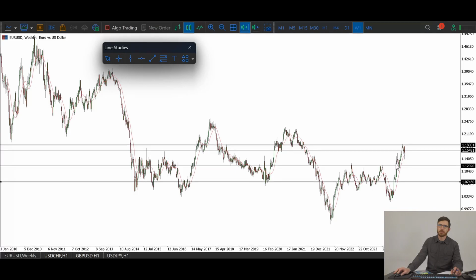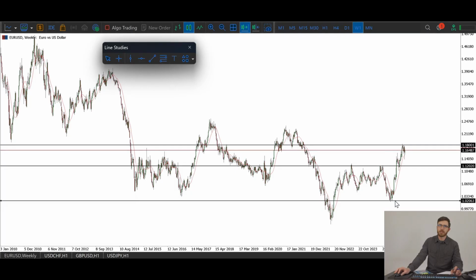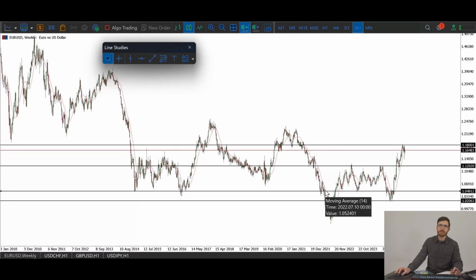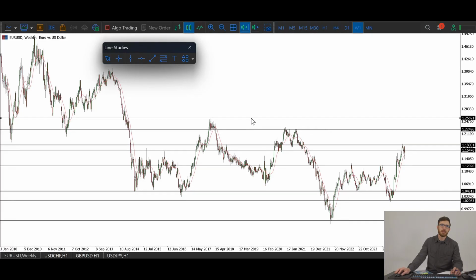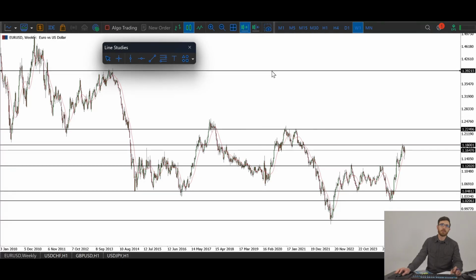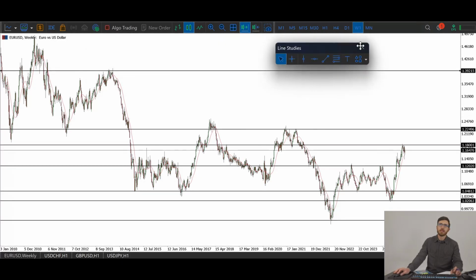And then I'll drag it down to the next support or resistance level. And then I will continue to do this just so that I can establish a general understanding of where the highs and lows are, because the highs and lows are extremely important to make use of. Now you can see all the way up here on the sides.